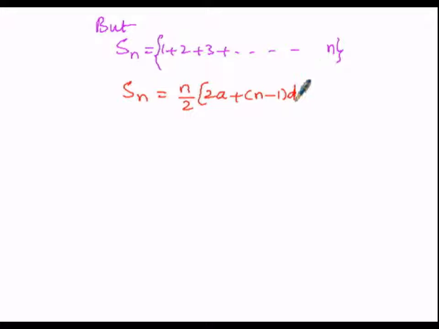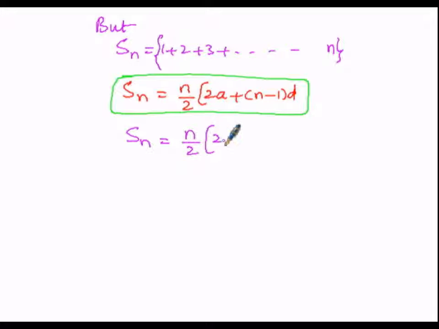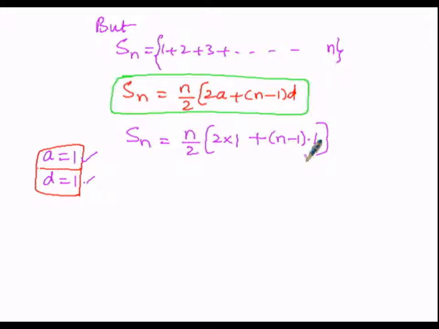So Sn equals n by 2 into 2a, where a is 1 and d is also 1. By substituting these two values, we get n by 2 into 2 times 1 plus n minus 1 into 1.